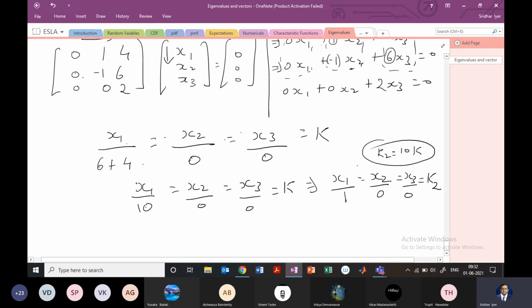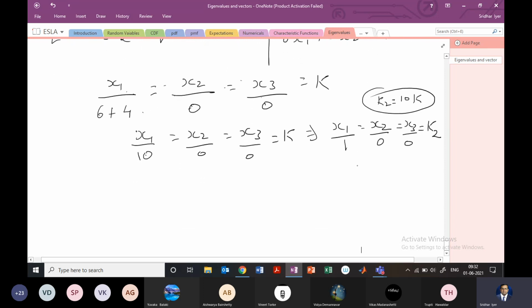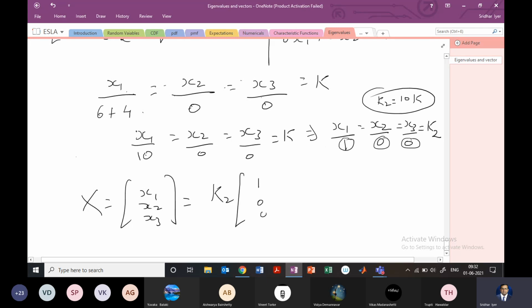Therefore, the vector x, which is x1, x2, x3, will be k2 multiplied with 1, 0, 0. So this is the second eigenvector.